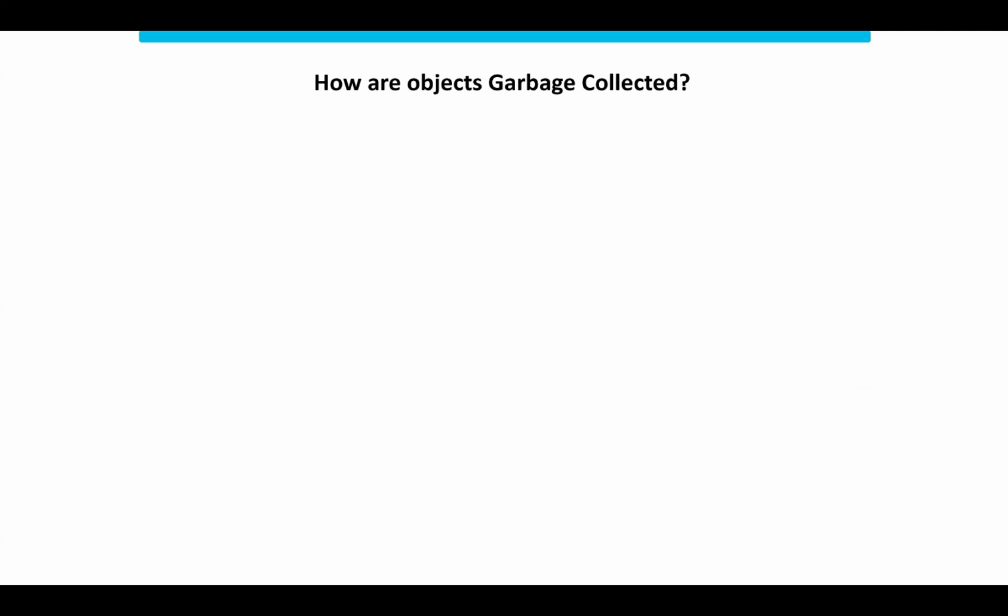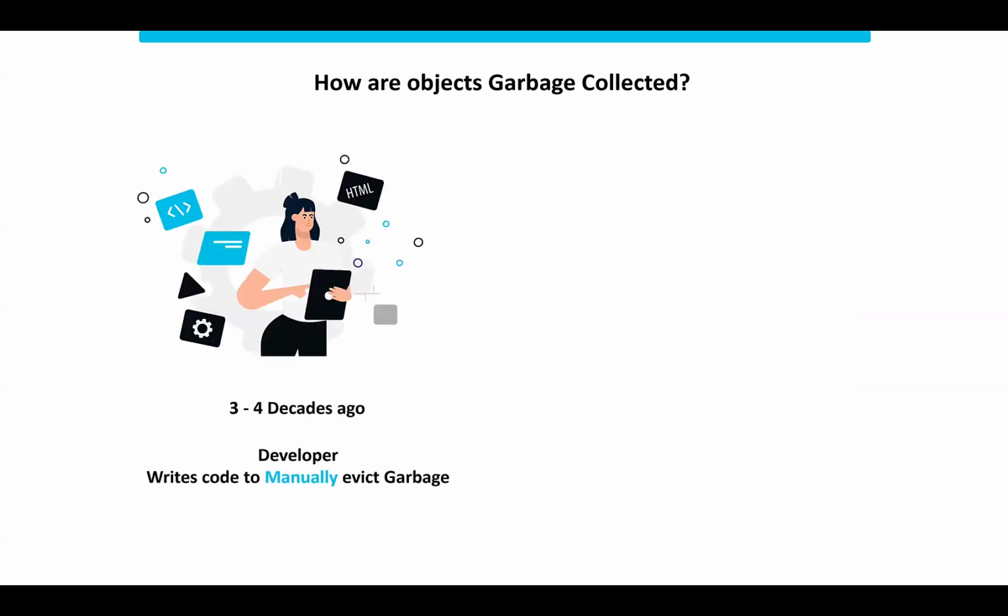Friends, how is this garbage, the objects that we create in memory, removed from memory? How is it evicted from the memory? Like 3-4 decades back, if I was a developer, it was my responsibility to remove these objects from memory. Today as a Java developer, I only create an object.